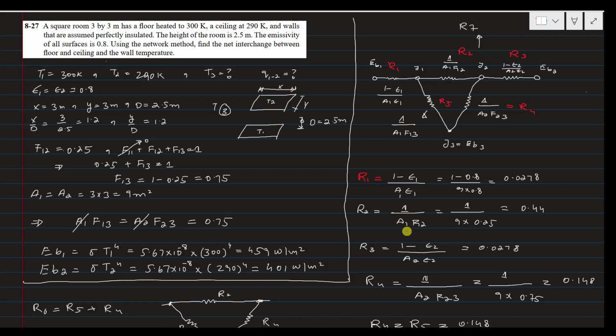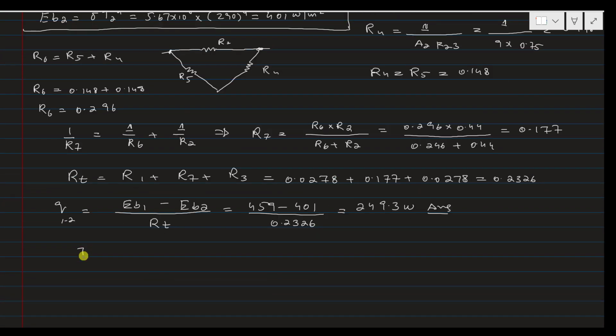If you look at this resistance network diagram, from its geometric symmetry, I can say that J3 is equal to EB3, that will be equal to half of EB1 plus EB2. So half of 459 plus 401. After simplification, you will get 430 watt per meter square.